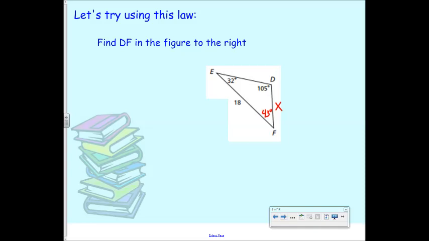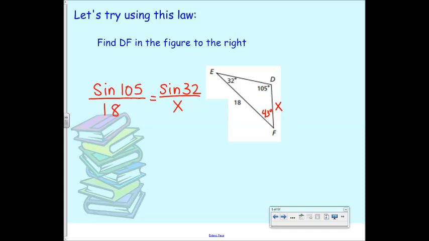Now, what angle is across from 18? D. What angle is across from X? E. So then the law of sines would be sine 105 over 18 equals sine 32 over X.